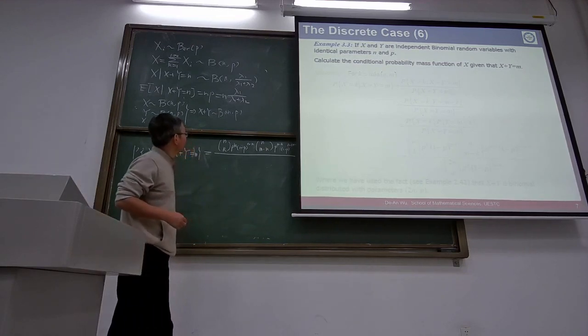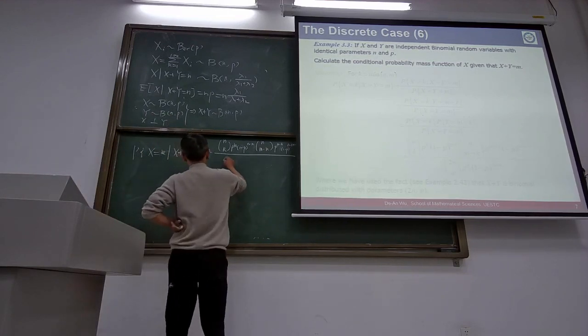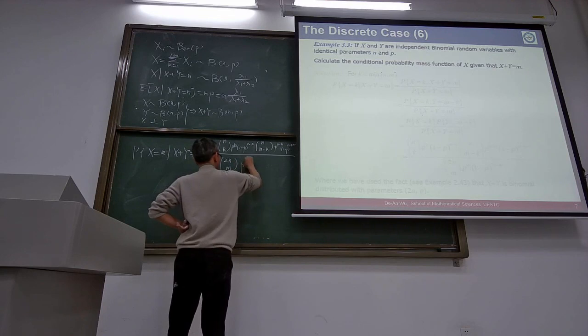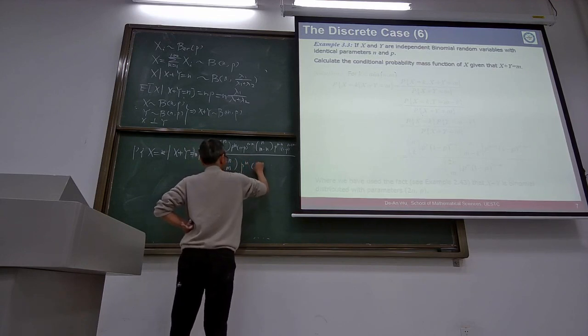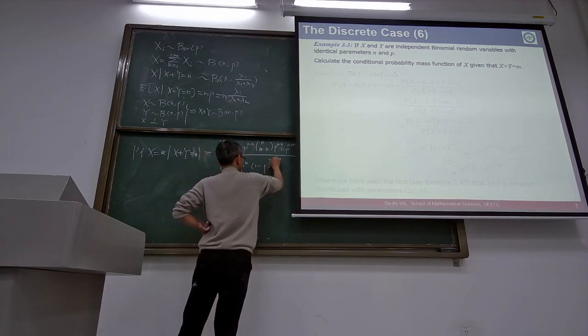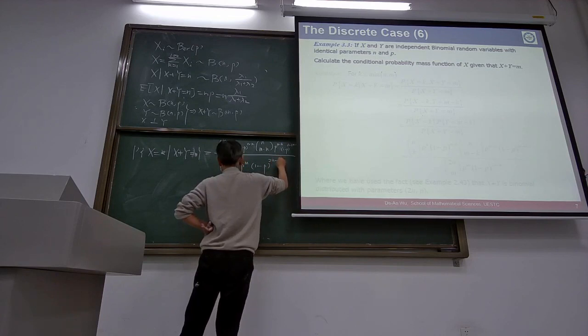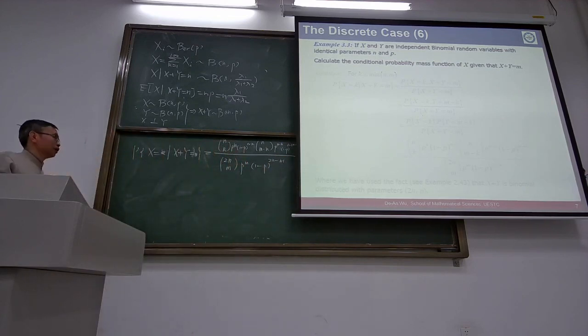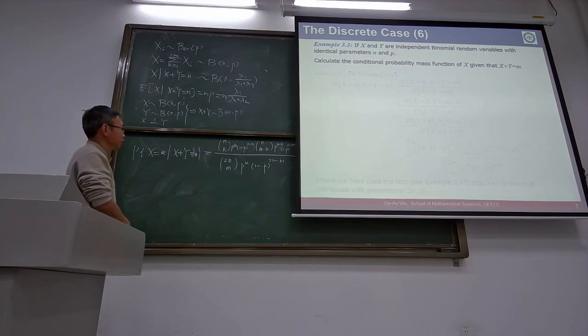That's 2n choose m, m, T, m, 1 minus T, 2n minus m. Then the question is how to simplify.